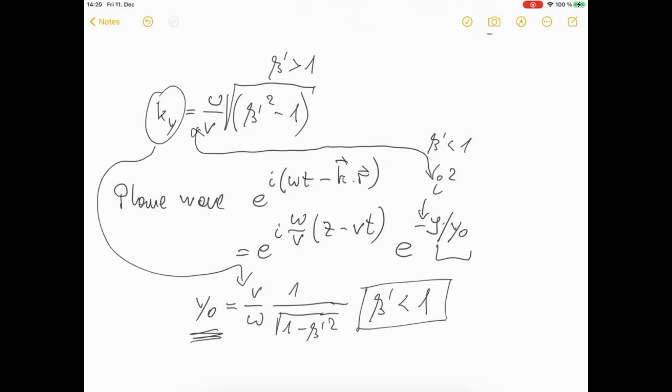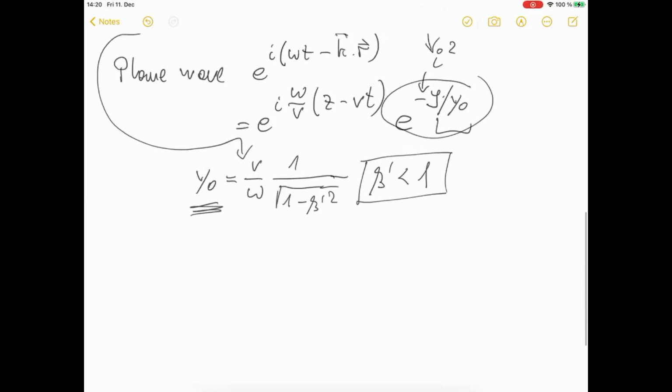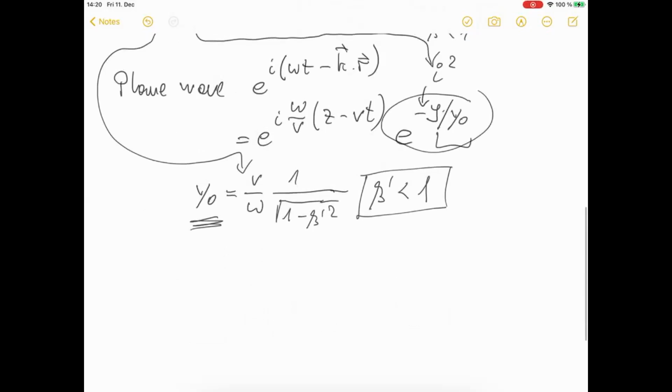However, we take the i that we pick out from the imaginary solution of the wave number to predict an exponentially falling distribution in the y direction. So this is the reach. Now it's not in a very useful form. We can rewrite this to make it a little bit more useful.